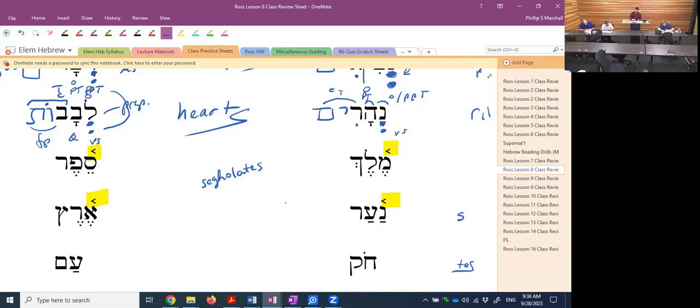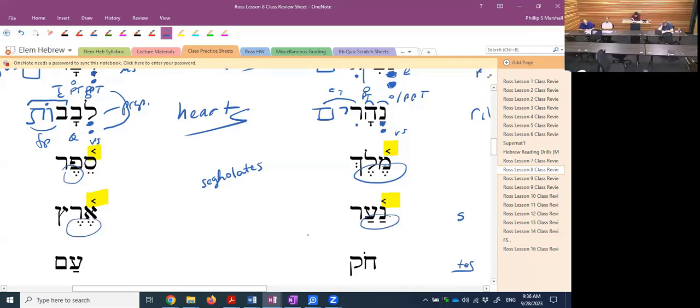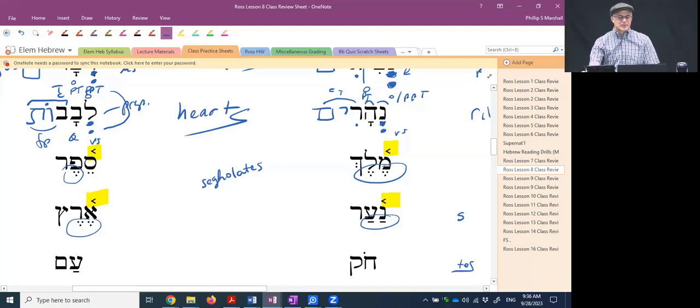But they don't always have a segol. As you can see, melech has two segols, but sefer has one segol. Eretz has two segols. Na'ar has no segol. Okay, I think I explained this in my lesson overview. Why does na'ar not have any segols? What's going on here?